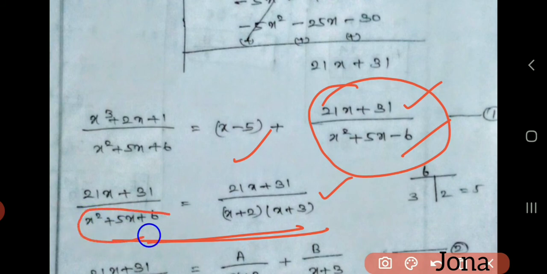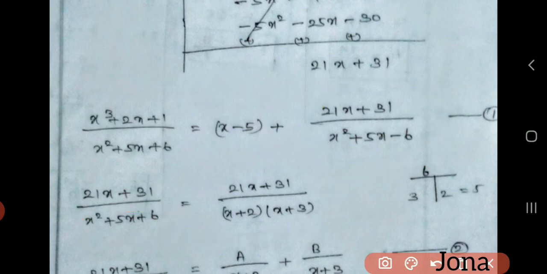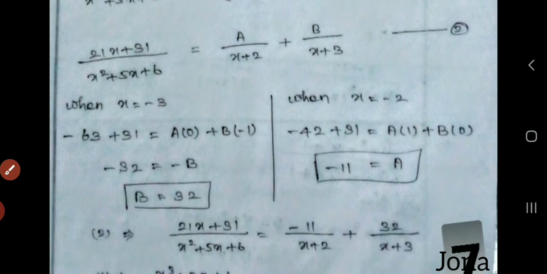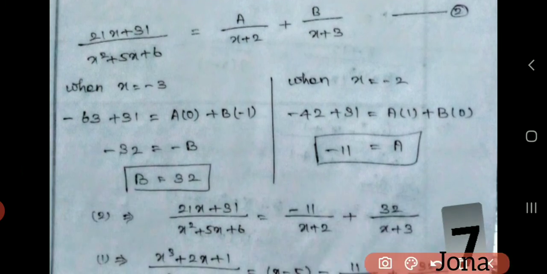Now take this here, 21x plus 31 by x squared plus 5x plus 6 equal to, we want to split this denominator into factors. So 21x plus 31 divided by x plus 2 into x plus 3. Now let me take this as two factors A and B. So let me introduce two constants A and B here, so that I have A by x plus 2 plus B by x plus 3.